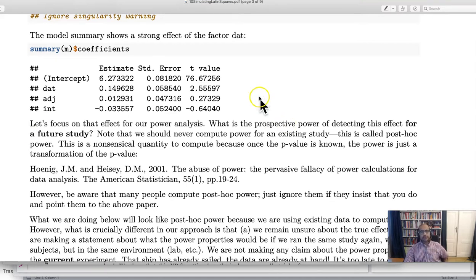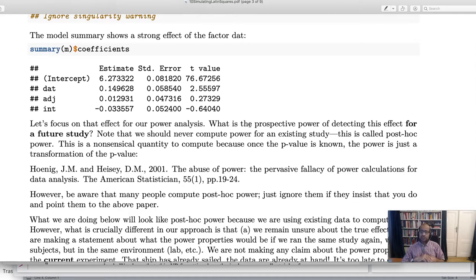I want to stress here that when we do a power analysis now, we are doing a power analysis for a future study. We are not investigating the power properties of this particular data set. That kind of power analysis, when you examine the power properties of an existing data set, is sometimes called post hoc power.